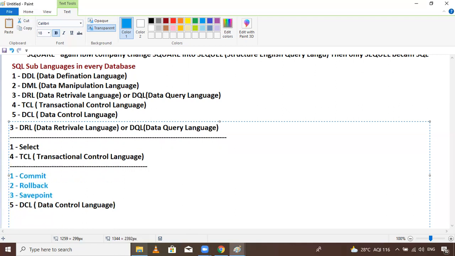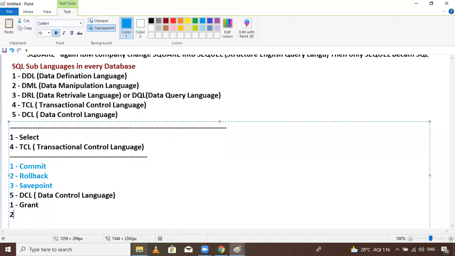DCL is nothing but grant. DCL has grant. Number two is revoke.